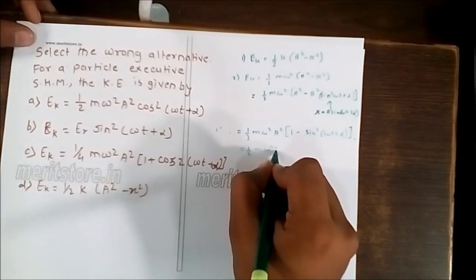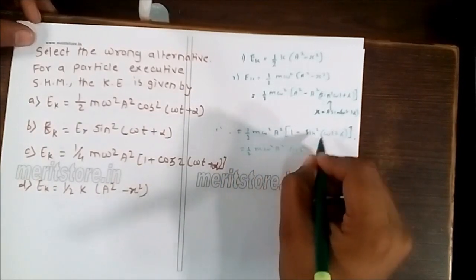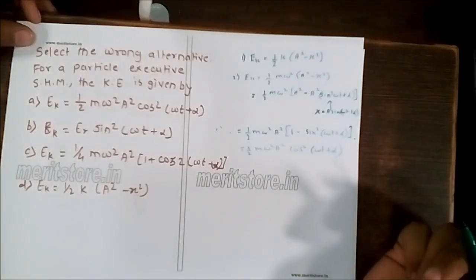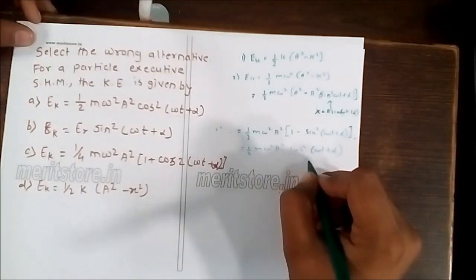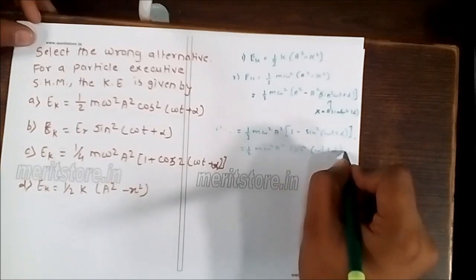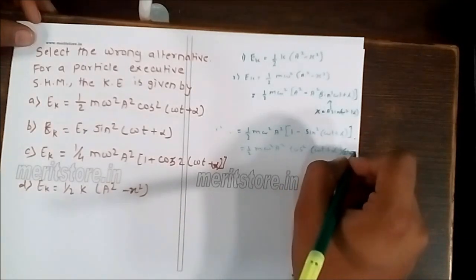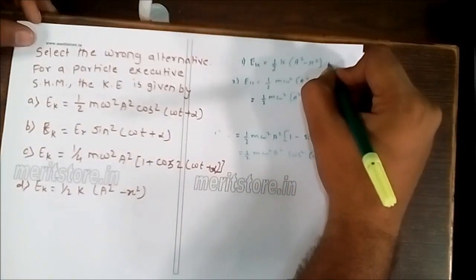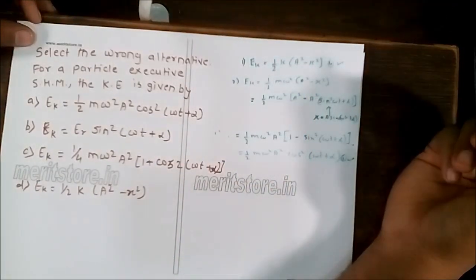So half m omega square a square cos square omega t plus alpha. So we have this in option 1, so option 1 is correct. Also we have option D as half k a square minus x square, so the 4th option is also correct.